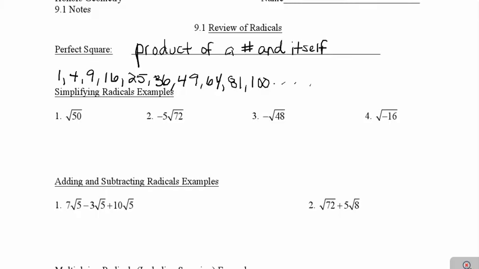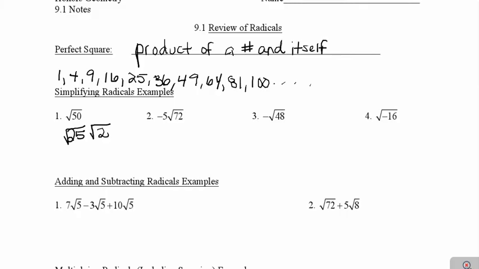When we go to simplify radicals, in example 1, I have the square root of 50. I want to find the largest perfect square that I can divide that 50 by. Looking at our perfect square numbers, 25 is the largest one I can divide 50 by. I know that 25 times 2 gives me 50. So I can break up the square root of 50 into two roots, the square root of 25 times the square root of 2.